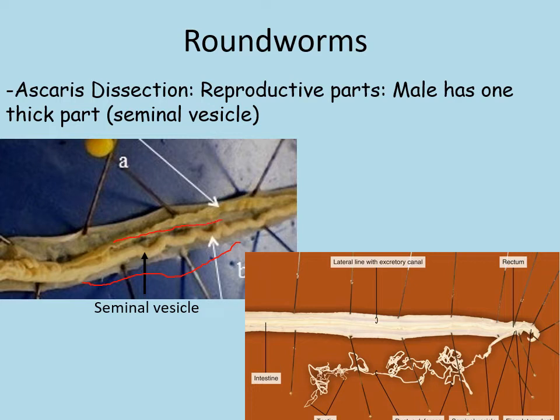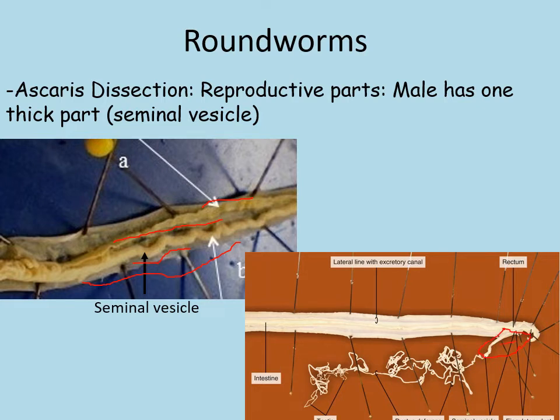This top part here that's flat is the intestine I showed you before. But this lower tube that looks a little bit windy is the seminal vesicle. That's part of the male reproductive system. You can tell this is a male because it just has one thick part, okay? You can look at this picture on the right. They basically pulled out the male reproductive tract at the end here. This is where the seminal vesicle would be. It would be thick.